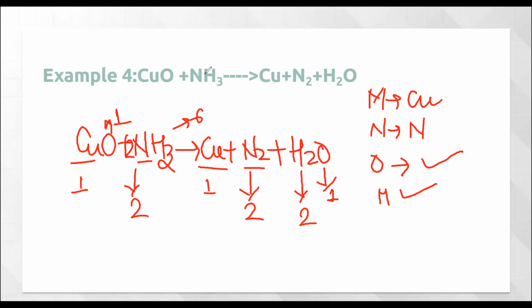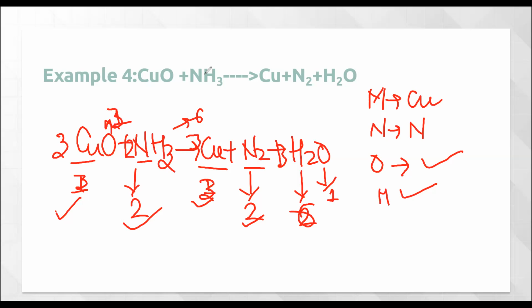Coming to hydrogen, on the reactant side we have 6 hydrogen atoms but on the product side we are having only 2 hydrogen atoms. So to balance it, we'll be writing 2 here. Now the number of hydrogen atoms becomes 6. Again move to step 1, copper 1, copper 1, nitrogen 2, nitrogen 2. Now oxygen here is 1 and here is oxygen 3. So to balance it, we'll be writing 3 here, oxygen 3 as well as copper also gets 3. So to balance copper, we'll be writing 3 here.